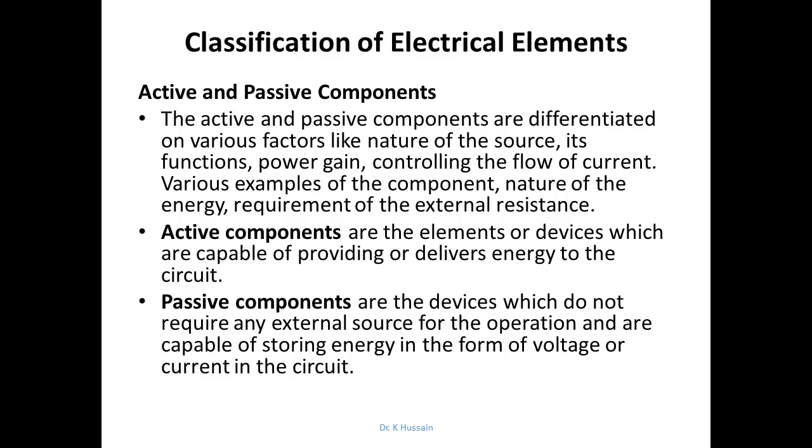Now, in all the applications, we use either active elements or passive elements. If you are taking any complete electrical circuit, it needs a minimum of one source, either a voltage source or current source, and the remaining elements may be R, RC, or RL combinations, either series or parallel, or a combination of RLC.